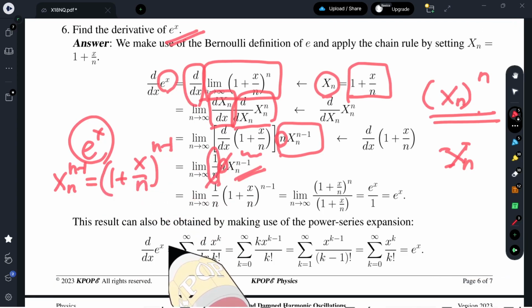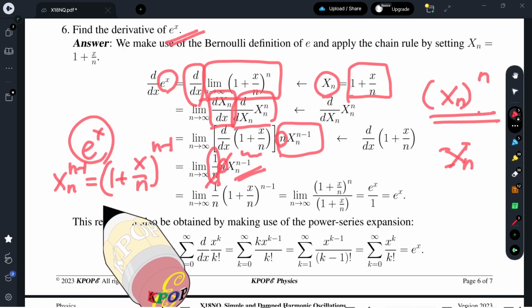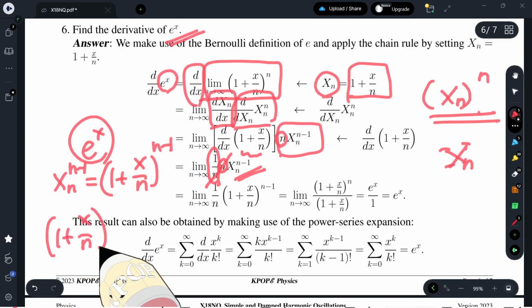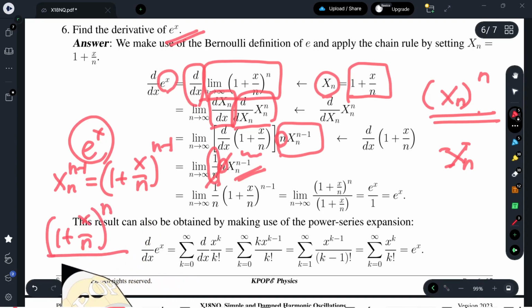Why don't we multiply one more piece and divide this one by 1 over n.